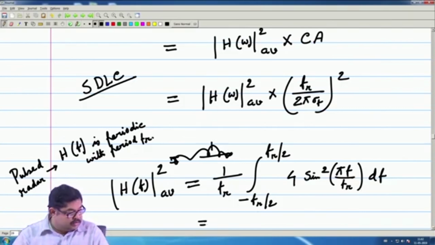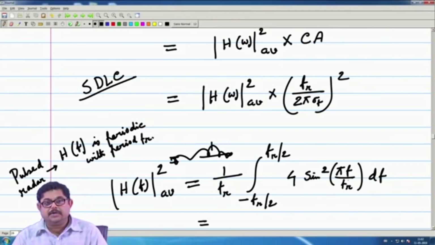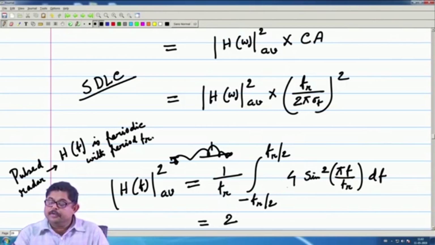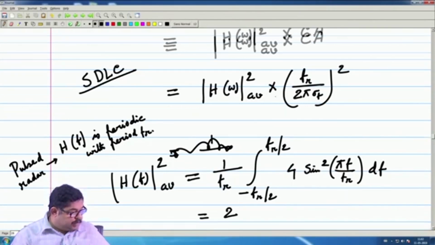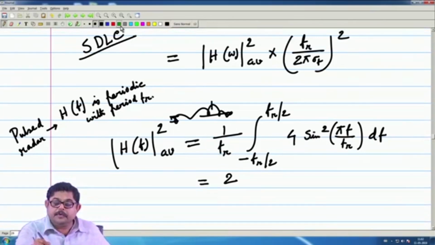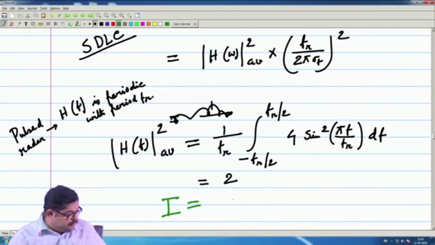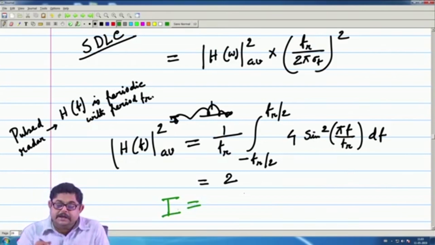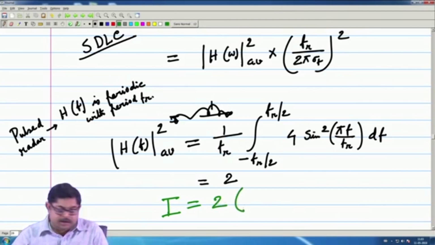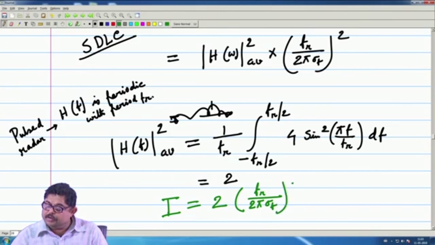If you do that, the sin square integration can be easily done, and the answer will be 2. So, the MTI improvement factor for a single DLC implementation will be 2 into f r by 2 pi sigma f, whole square.